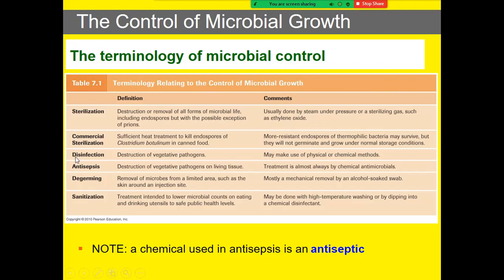Disinfection refers to the destruction of vegetative pathogens on an object. So when we put bleach on the toilet, we're using a disinfectant, meaning an agent that works as disinfection. It kills vegetative pathogens, but it does not kill endospores. Disinfection can use a physical or a chemical agent. An antiseptic is destruction of vegetative pathogens on living tissue.